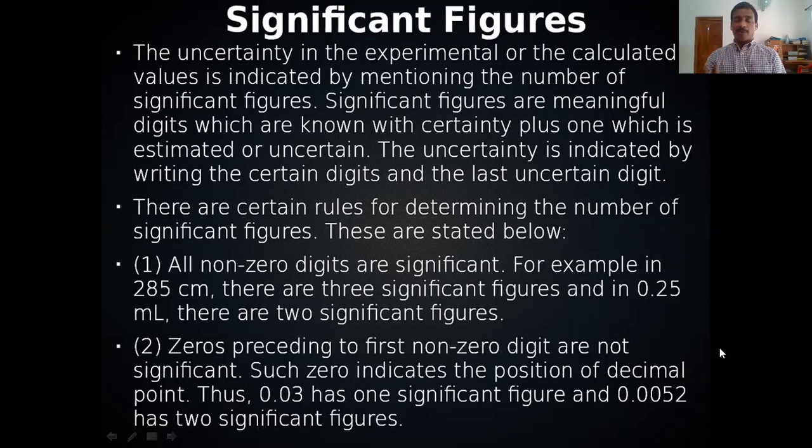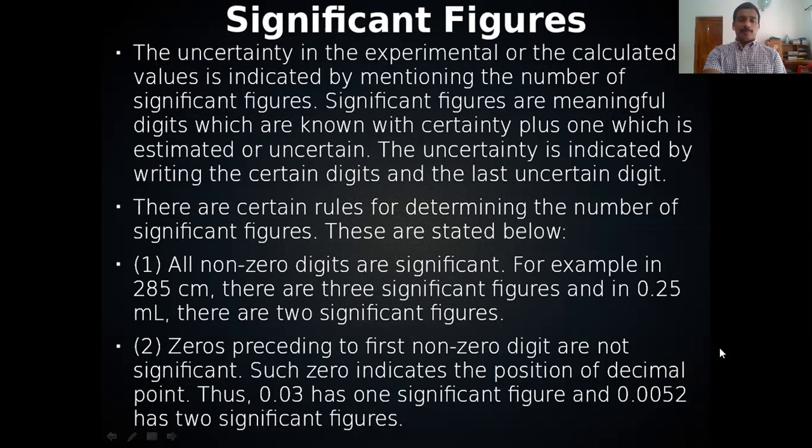Here the number of significant figures is 2. Similarly, 0.03, only one significant figure. Is it clear? Zeros preceding the non-zero digits are not significant, no need to count them.